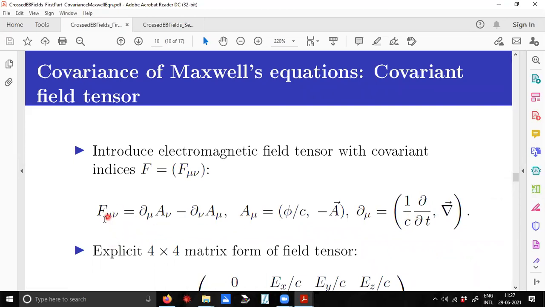So similarly, I want you to write what F_{11} is. Write this and tell me. Simply write this. Don't look at these components. It is 0. Okay. Similarly, you can do one more quantity, F_{12}. Please do F_{12}.